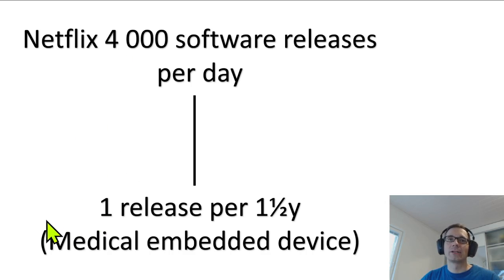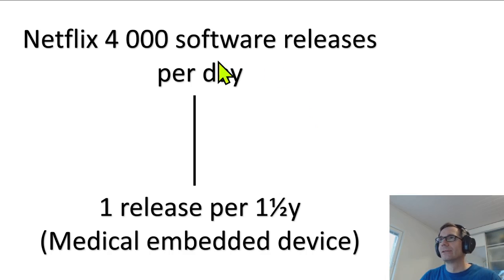It could be that there are very strict medical regulations that require very thorough testing, very thorough certification, and this process alone can take up to several months. So it is not possible or not even feasible for them to deliver new software versions 4,000 times a day. And on the other hand, if we think about the defects and their consequences in these different environments.